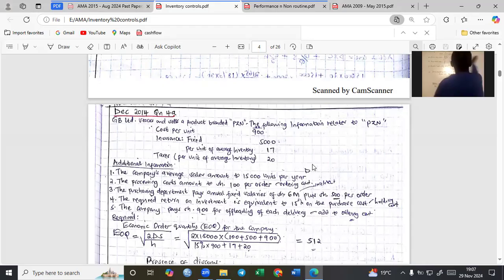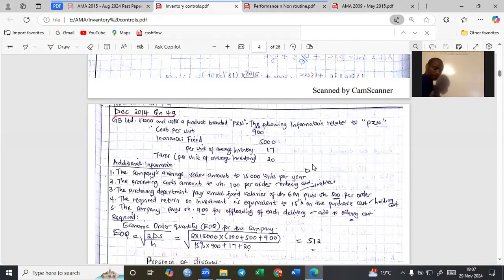The purchasing department pays annual fixed salaries of 6 million shillings plus 500 per order. Number 4, the required return on investment is equivalent to 15% on the purchase cost. Number 5, the company pays 900 shillings for offloading of each delivery. Required: economic order quantity for the company.